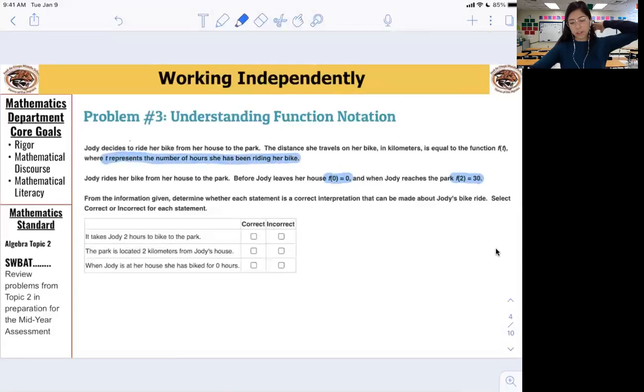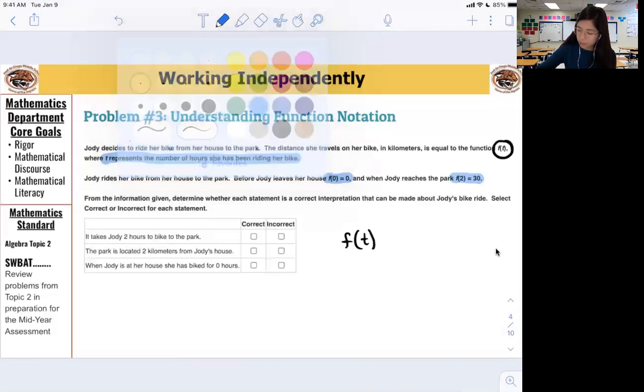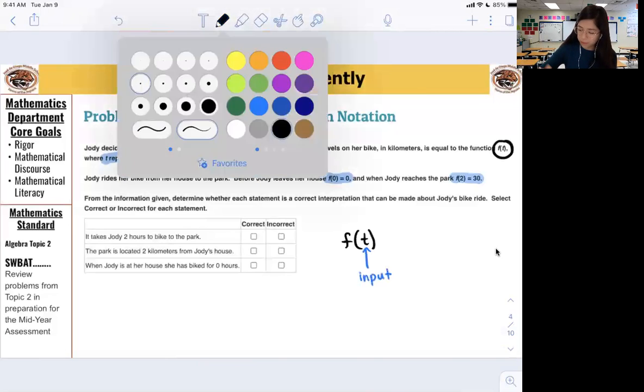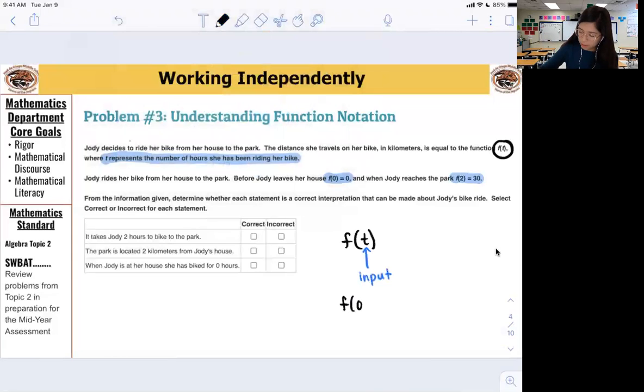Okay, function notation. So with function notation, we can always identify the input and the output. So for example, here it's telling me that we're talking about f of t. And you always want to look at whatever's in the parentheses as your input. So they give us two different scenarios. They say that f of 0 equals 0, and they say that f of 2 equals 30.